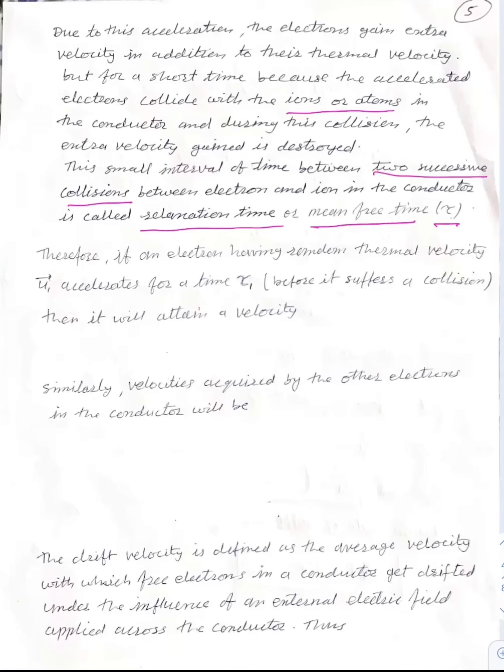Therefore, if an electron having random thermal velocity u1 accelerates for time tau1 before it suffers a collision, then it will attain a velocity v1 = u1 + a·tau1.